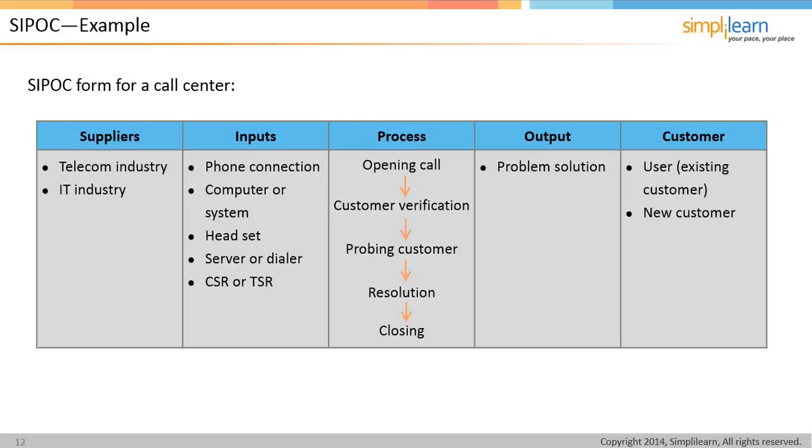Your process might be the opening call, customer verification, probing the customer, resolution, and closing. Your output would be problem solution. Customer would be the user, the existing customer, maybe a new user. And your project Y could be, maybe, first call resolution.